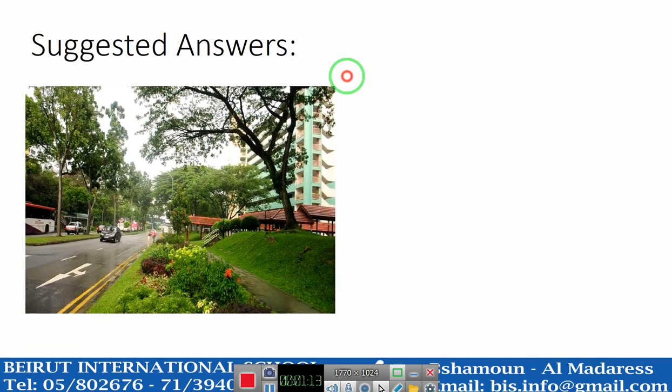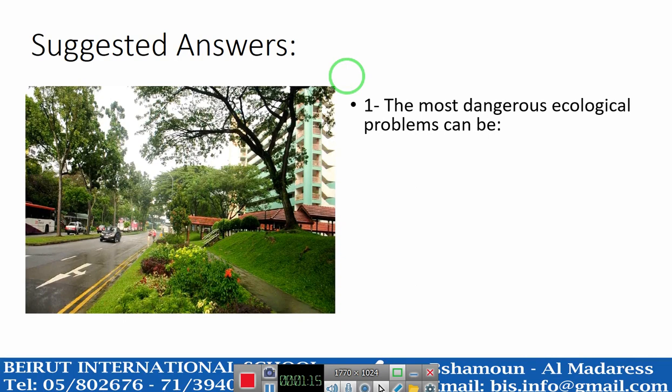Suggested answers can be: the most dangerous ecological problems that we've already discussed in class can be global warming or climate change, and we said that this has led to many other dangerous and disastrous problems, such as the extinction of many animals, because many animals nowadays are becoming extinct due to global warming and climate change.